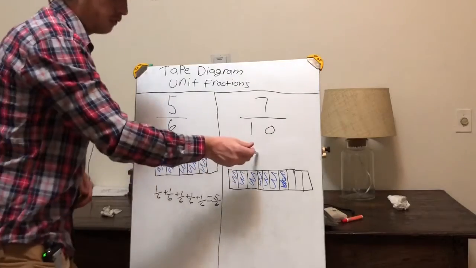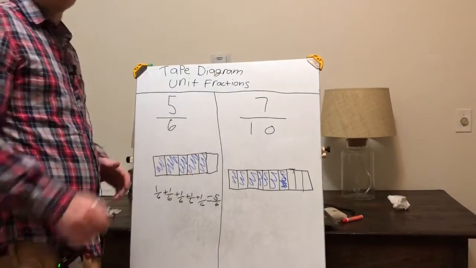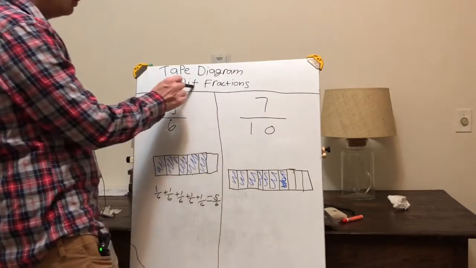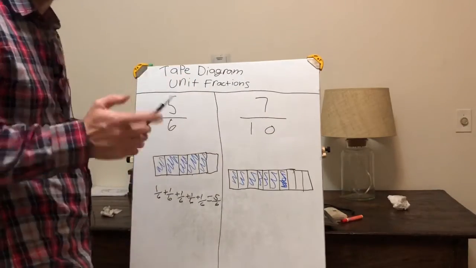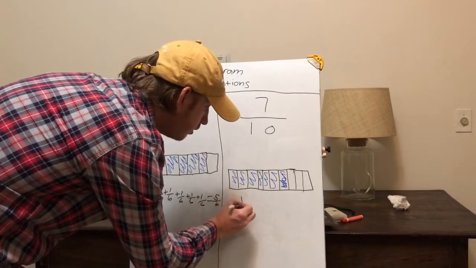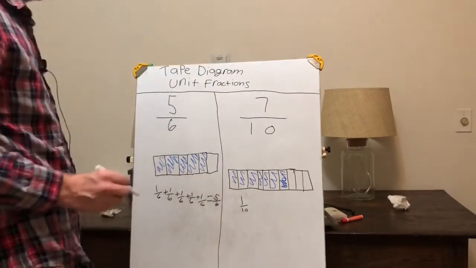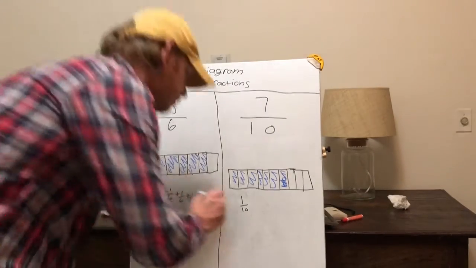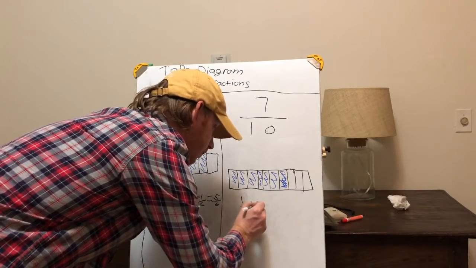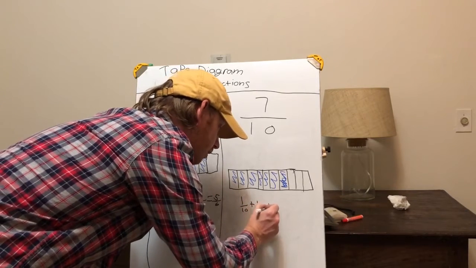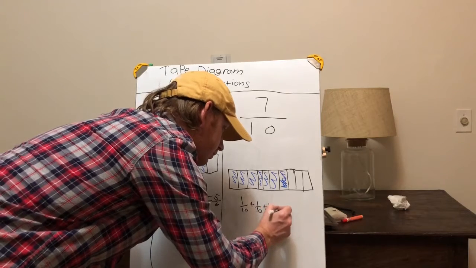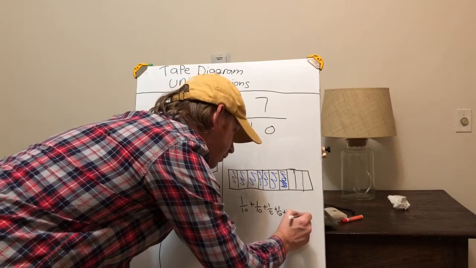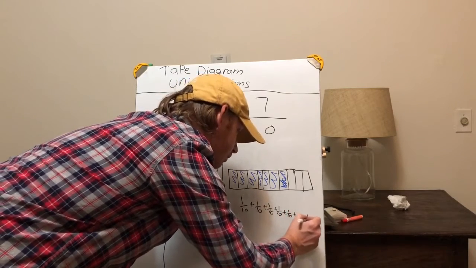Let's try that again with 7/10. So again, we're looking at the denominator first, and we're figuring out that the unit fraction is going to be 1 over 10. And how many times am I going to do that? 7 times. So plus 1 over 10 plus 1 over 10 plus 1 over 10, 1 over 10, 1 over 10, plus 1 over 10.